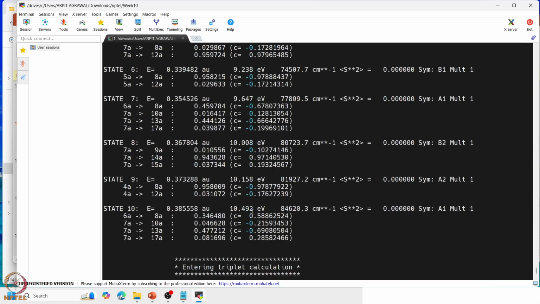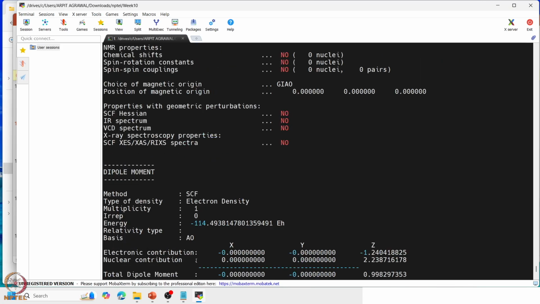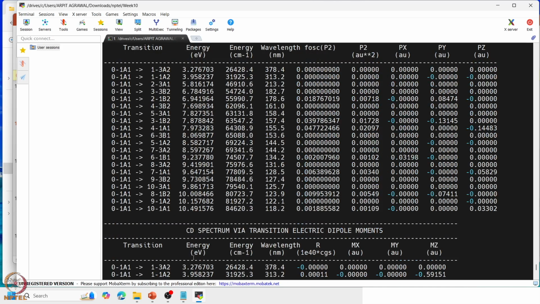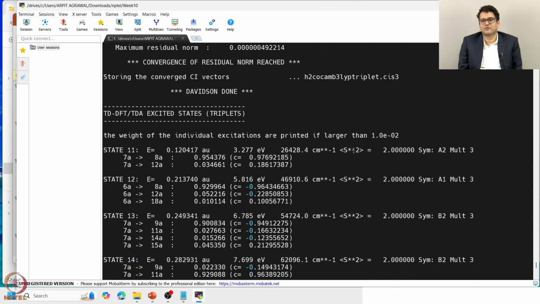First it will calculate the singlet and then it will calculate the triplet. So, in the case of singlet we have seen the S squared operator is 0, but in this case you will see the expectation value of the S squared operator is 2 and multiplicity is 3.